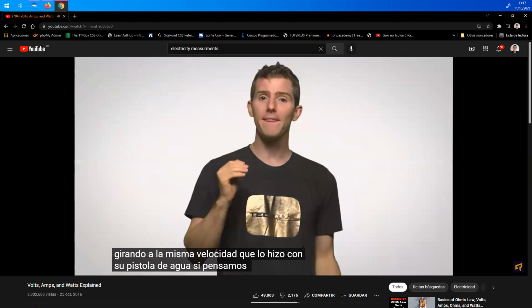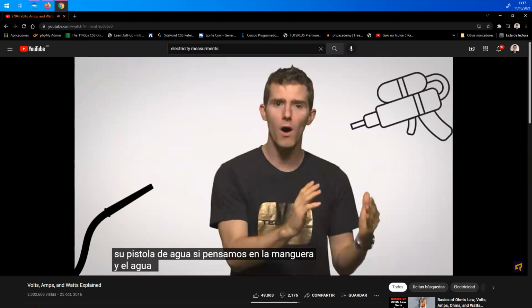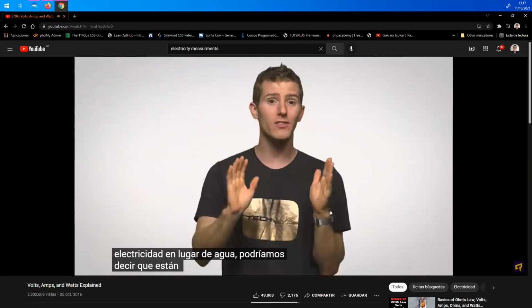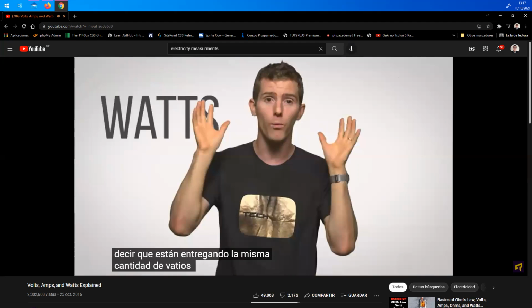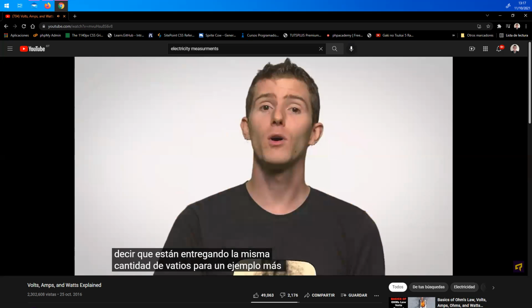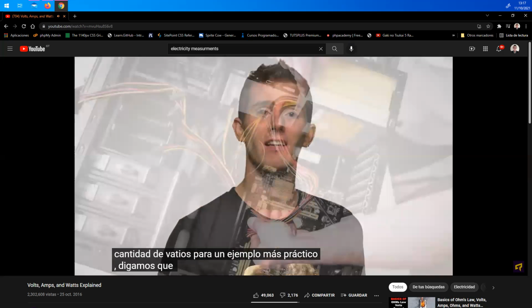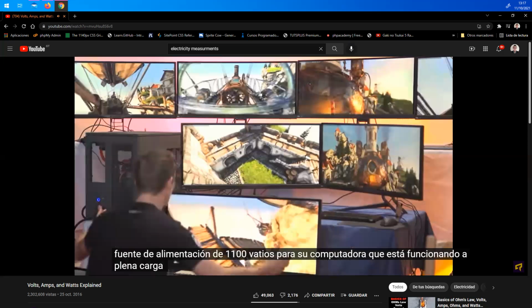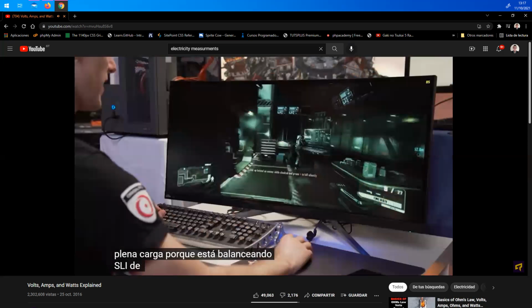If we think of the hose and the water gun pushing out electricity instead of water, we could say that they're delivering the same number of watts. For a more practical example, let's say you have an 1100 watt power supply for your computer that's drawing full load because you're rocking 4-way SLI or something.